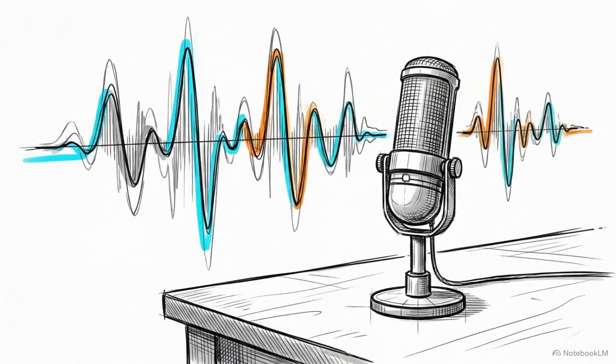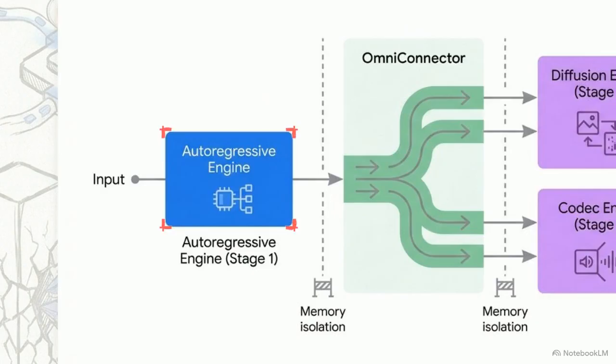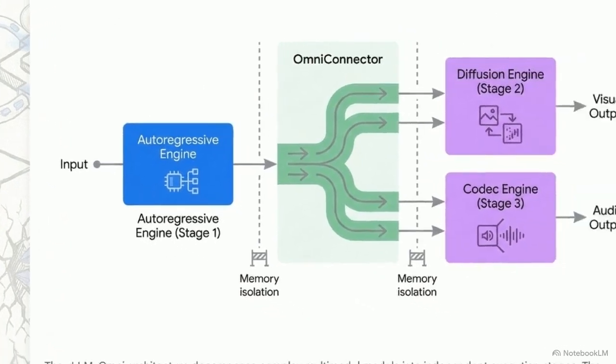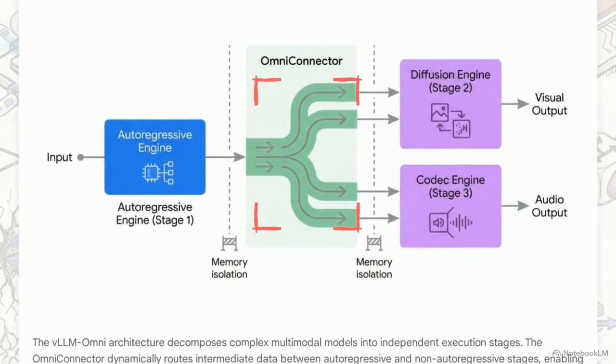Take the Qwen-3 TTS speech ecosystem as an example. In that model, Stage 1 acts as the talker, an autoregressive component synthesizing discrete audio tokens known as RVQ codecs. Once synthesized, those intermediate tokens must cross the boundary into entirely distinct, non-autoregressive hardware environments to execute Stage 2 or Stage 3.